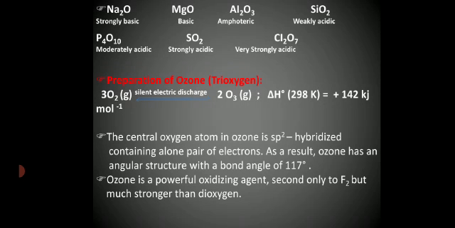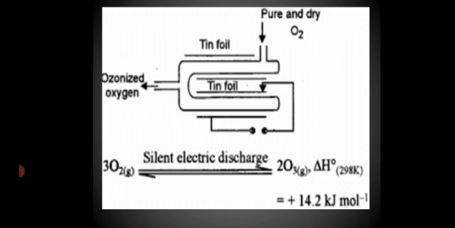So in preparation of ozone, you can see this is your Siemens ozonizer, the diagram which you can see there. It consists of two coaxial glass tubes sealed at one end. You can see it there in the figure on the screen. The inner surface of the inner tube and the outer surface of the outer tube are coated with tin foil.